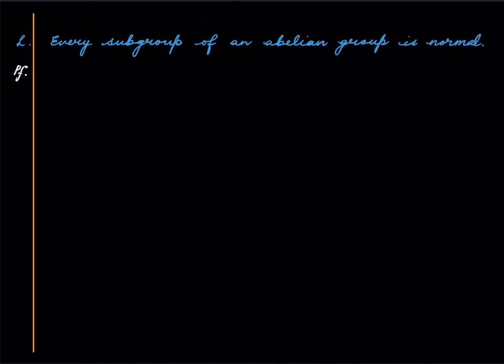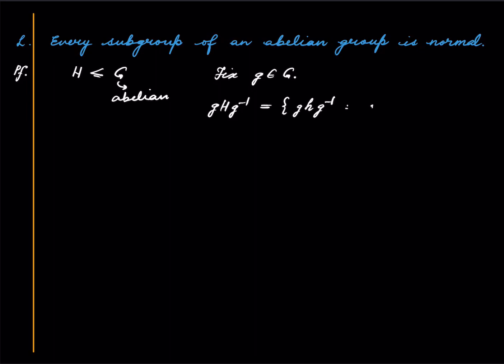This is another very useful one. Every subgroup of an abelian group is normal. So suppose G is abelian and H is some subgroup of G. We want to show that H is normal. So fix little g, then gHg inverse is nothing but, by definition, this guy, which is equal to H g g inverse, where we use the fact that G is abelian.